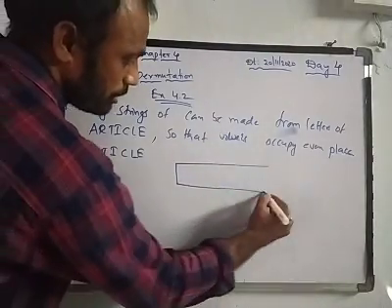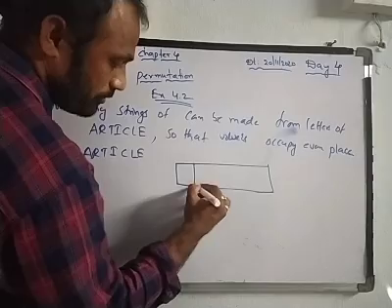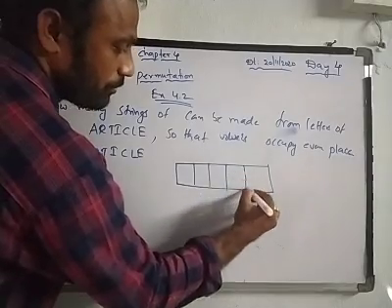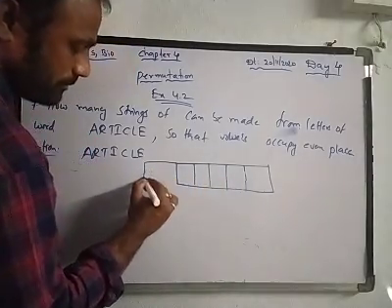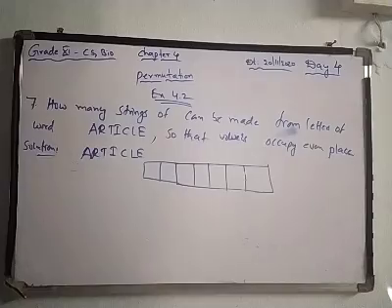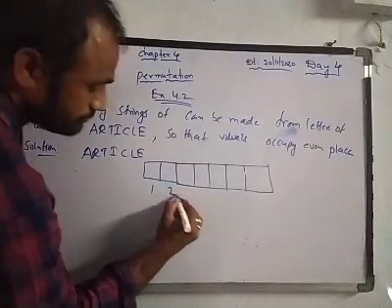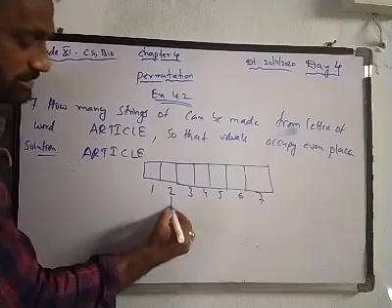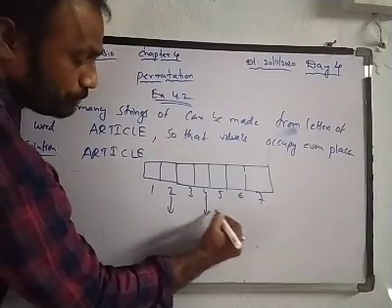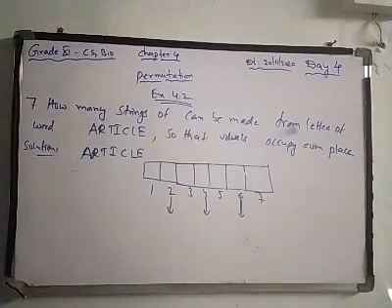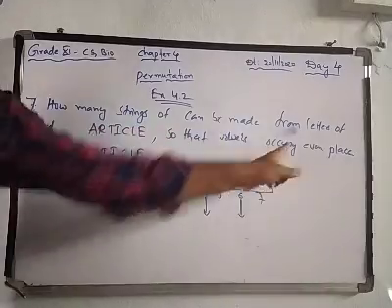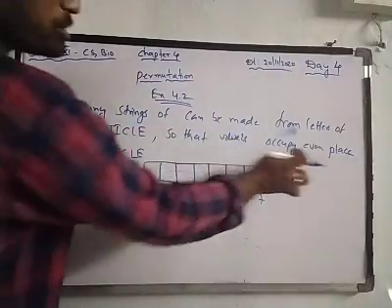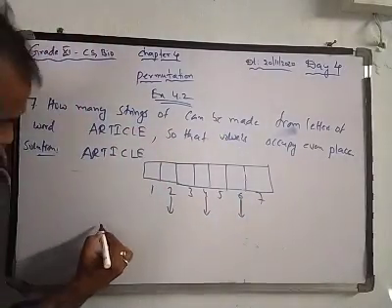So let us draw 7 boxes: 1, 2, 3, 4, 5, 6, 7. So totally 7. In these even places 2, 4, 6, only the vowels are going to occupy. Why? Because according to our condition, vowels should occupy only the even places.